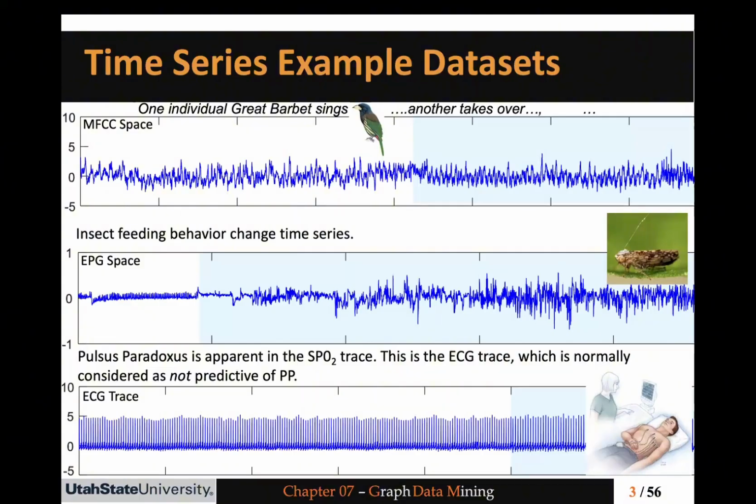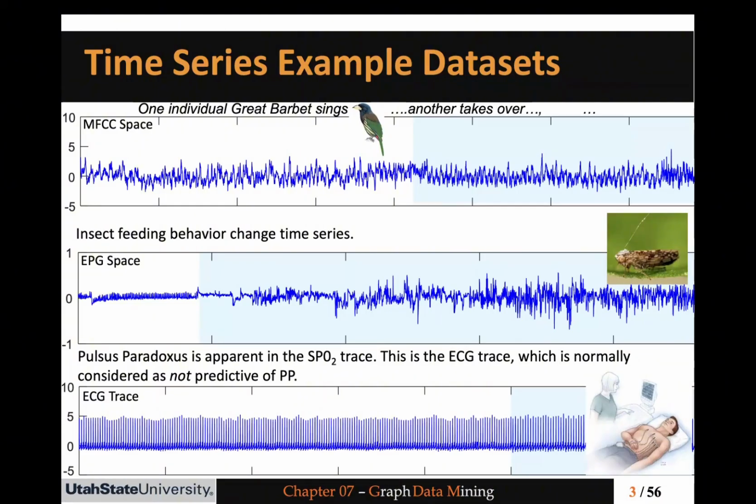However, it has been found that using time series mining on the ECG, or electrocardiogram, data trace, which you see here on the very bottom, there are patterns. Although to the naked eye you do not see any pattern going on, there are some microscopic patterns that, if you zoom in, make sense and are also indicative of the pulsus paradoxus problem.